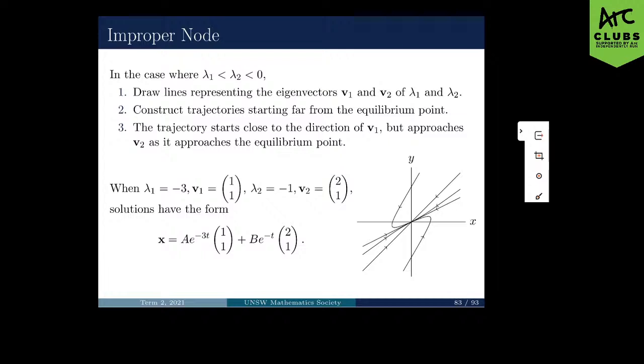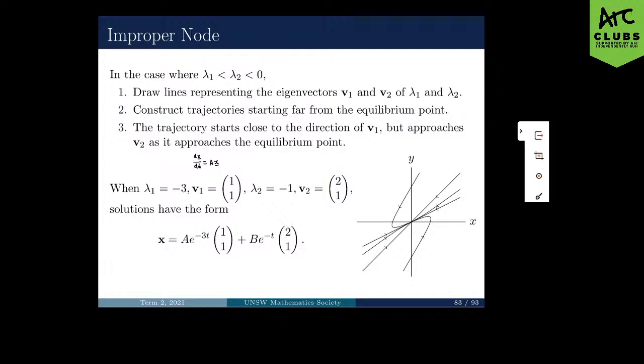In the case where both eigenvalues are negative, suppose we have that same system, dx/dt is equal to Ax. We want to draw the trajectories around that equilibrium point. We know that this equilibrium point is stable because both eigenvalues are negative.